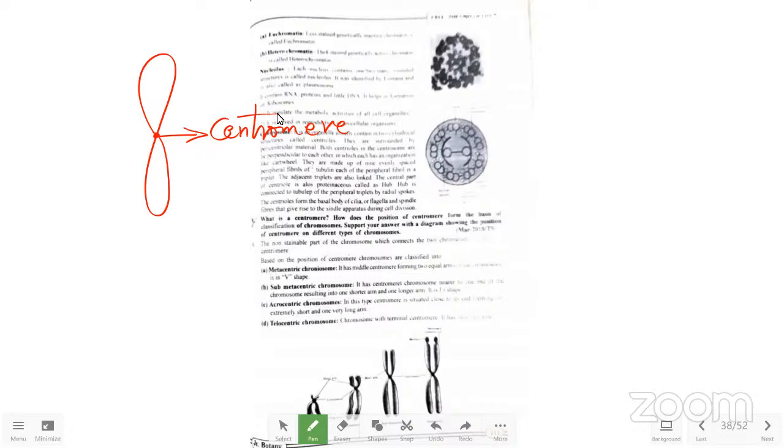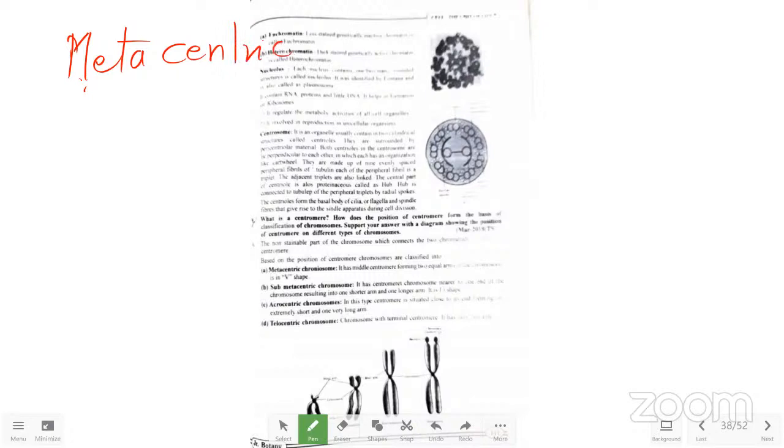The first one is the metacentric chromosome. In this, the centromere is present exactly at the center of the chromosome, so that it can divide the chromosome into 2 equal parts, 2 equal chromatids, 2 equal arms.